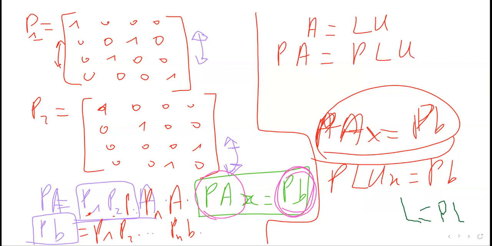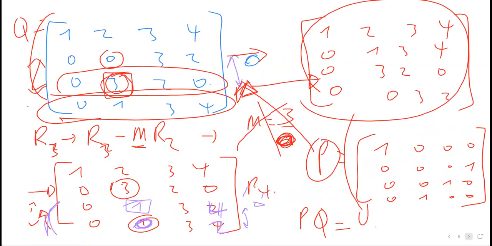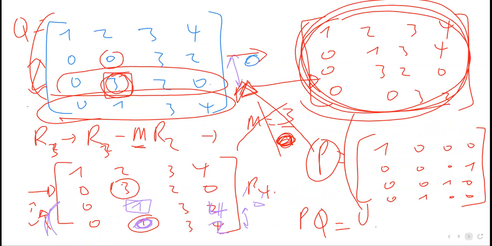Write it as this. Because in the end, whatever happens, if you do a further Gaussian elimination, you go again to a U, an upper triangle.